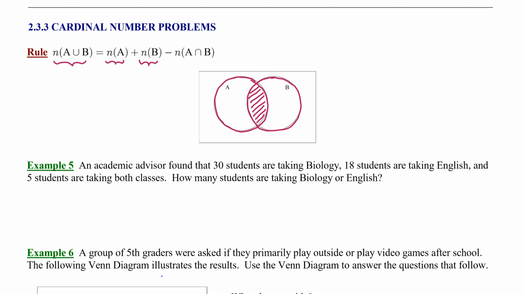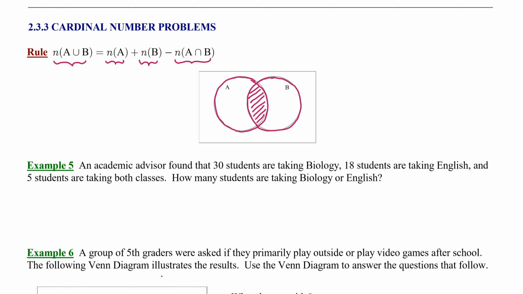We counted those elements once with the cardinal number of A, and we counted those once with the cardinal number of B. Because I counted the number of elements in the intersection twice, I'm going to subtract the cardinal number of the intersection, and that's going to give me the number of elements in the union.